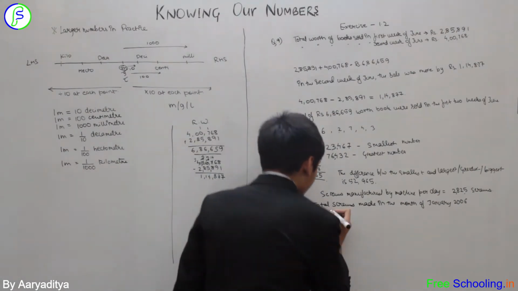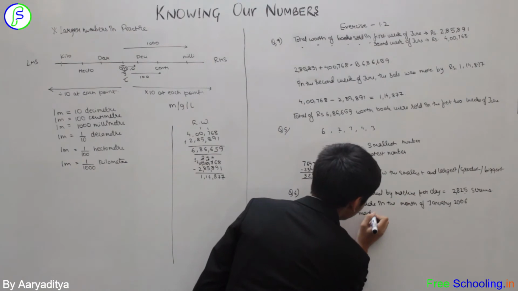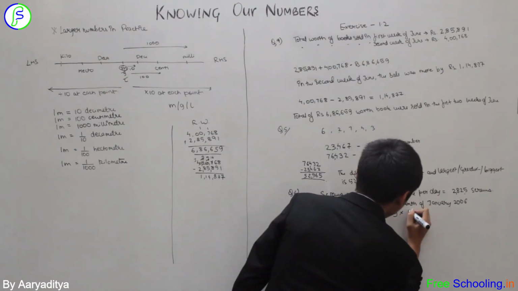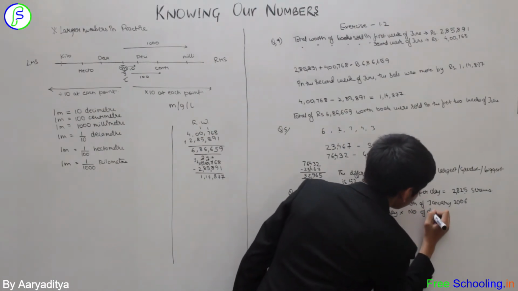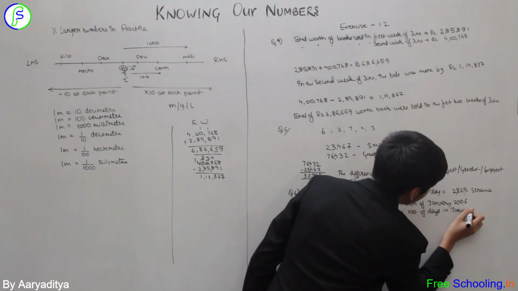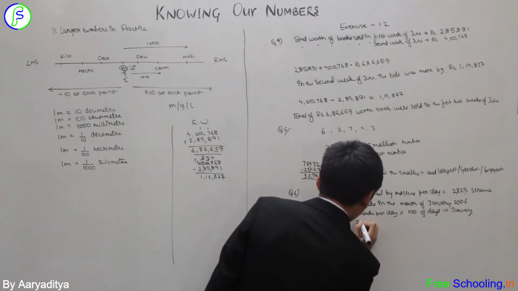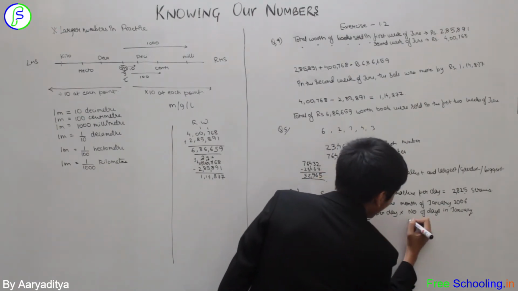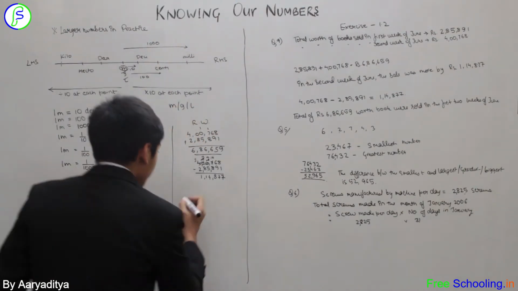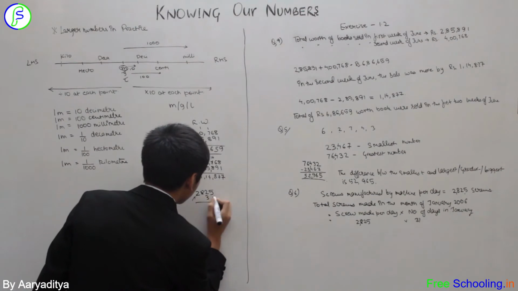Okay, so this would be screws made per day multiplied by number of days in January. How many screws are made per day? 2825 screws. And how many days are there in January? We get 31. Multiplying this in a rough, 2825 multiplied by 31. What do we get?